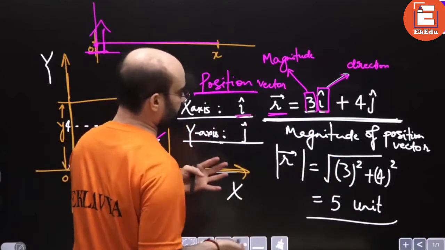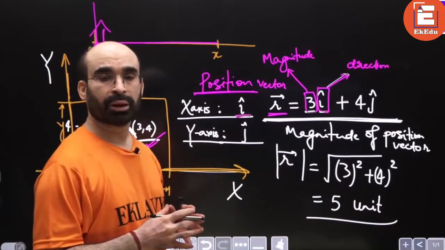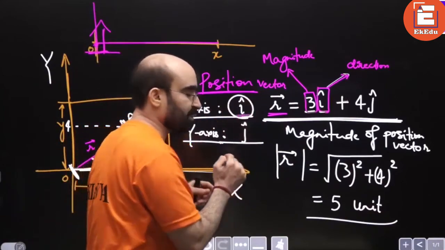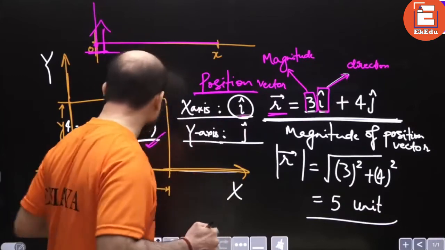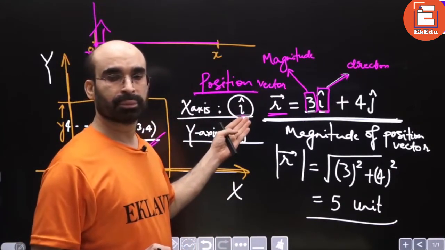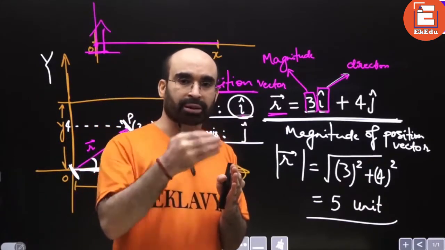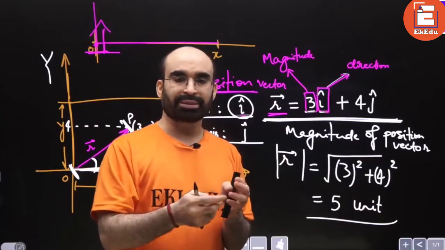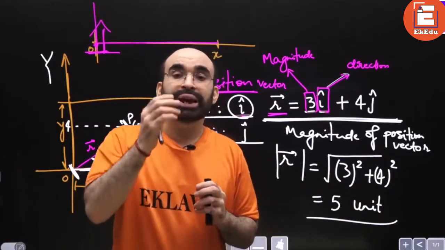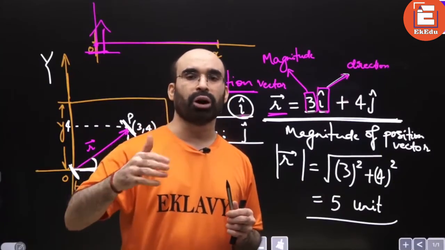Now, quickly, if we wish to recap, the sense of direction expressed along the x-axis is i cap. I told you, you need to treat them differently. It's not only that you say 3 kilometers. No, 3 kilometers along what? Along the x-axis. 4 kilometers along what?